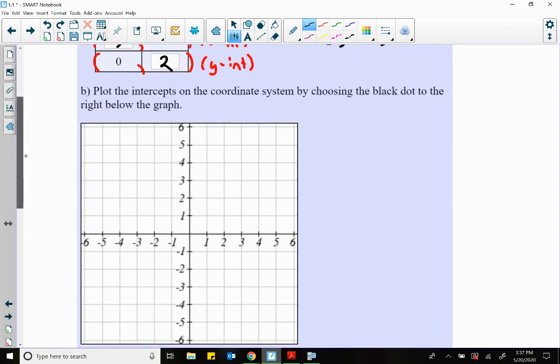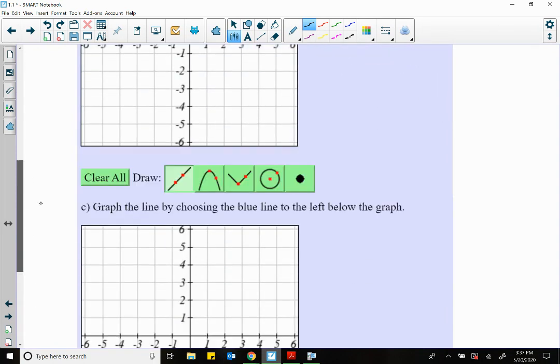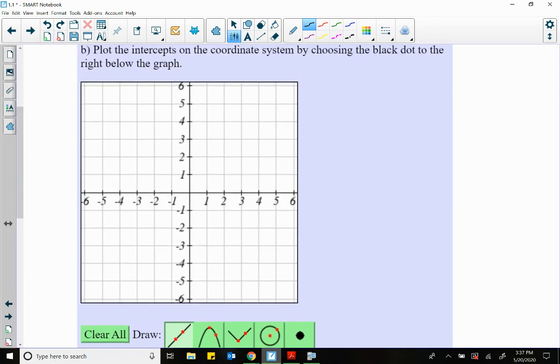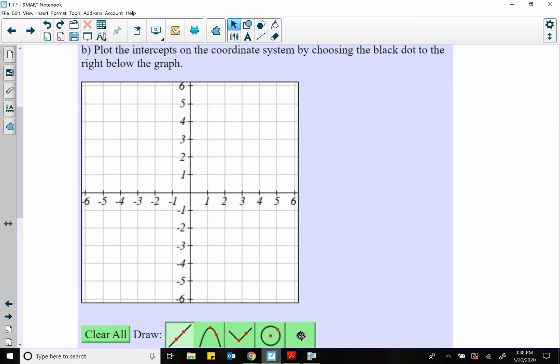Now, there are going to be two graphing pieces to this. So let's talk about what they want in the first graphing piece. The first one says, plot the intercepts on the coordinate system by choosing the black dot to the right below the graph. So what they want you to do is select this. Now I can't select it because this is just a picture of the homework. But you want to select this black dot right here. You're going to push on it. Right now you can see that the line tool is actually pushed.